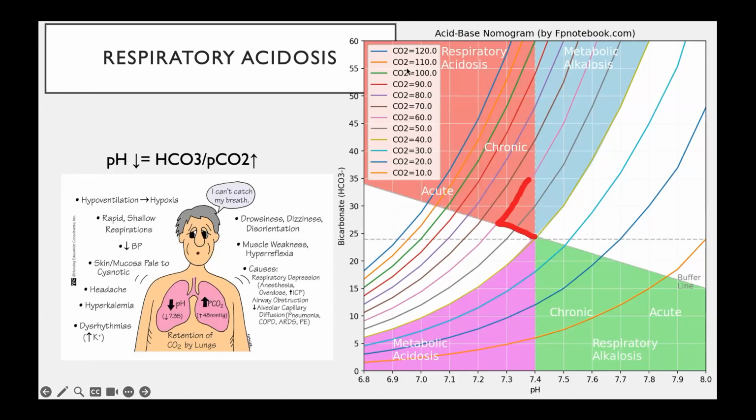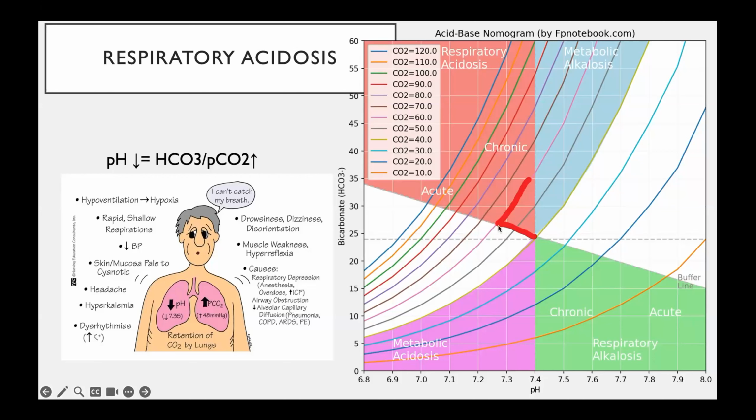You can see the carbon dioxide level in the color here. This greenish yellow is the normal value, 40. When the carbon dioxide level goes up, to the pink, it's 60. The patient develops acidosis where pH comes down.